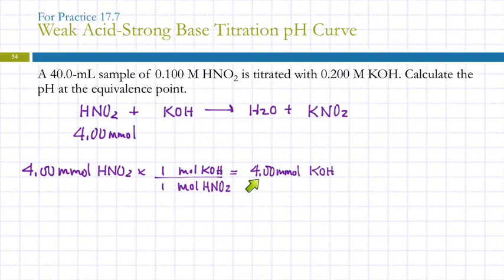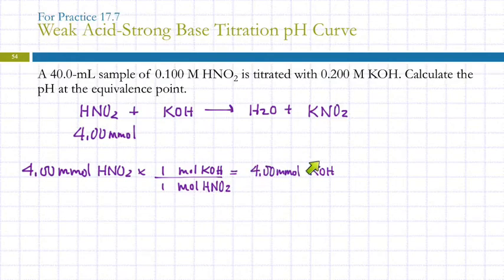Now, is this an equal volume? Is it 40 milliliters? No, because the concentrations here aren't the same. But the number of millimoles of hydroxide is. So 4 millimoles. So then what I'm trying to figure out here is the pH of this solution, right? So I need to know the volume and I need to know what's in here.